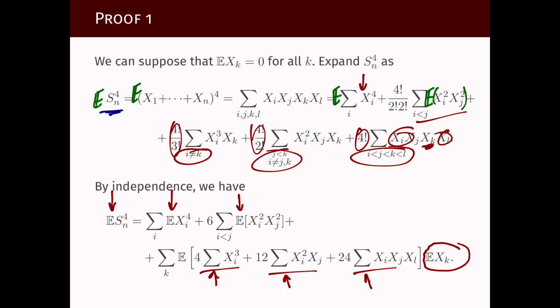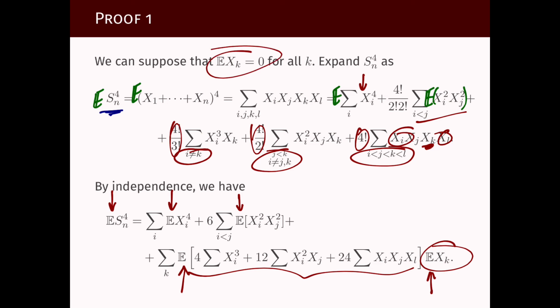All that matters is these variables, they are all different from k. This is why we can factorize one expectation here, one expectation here. And why do I not care so much about anything that is inside here? Because we're assuming expectation of xk equals 0. So this second line here is equal to 0.